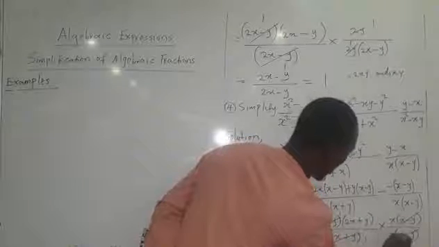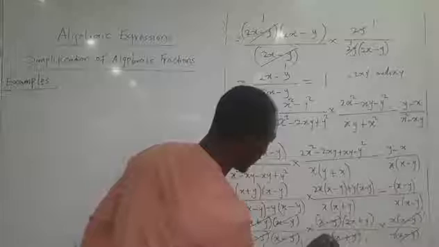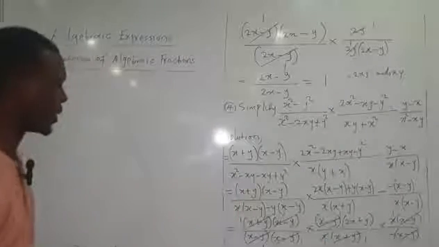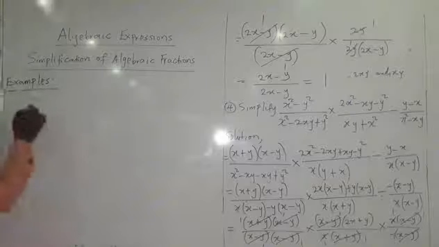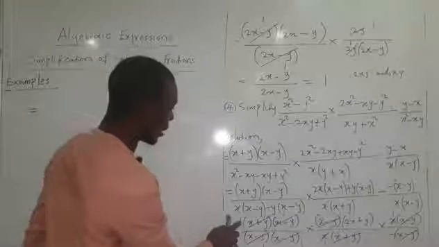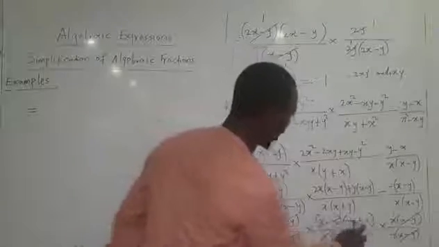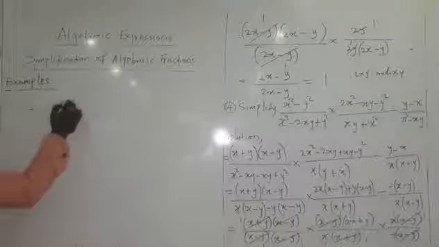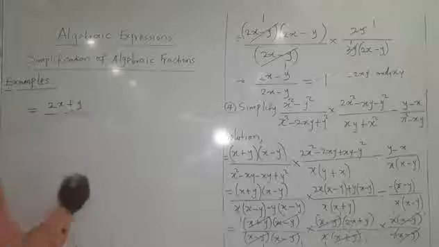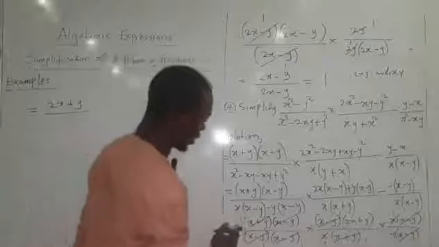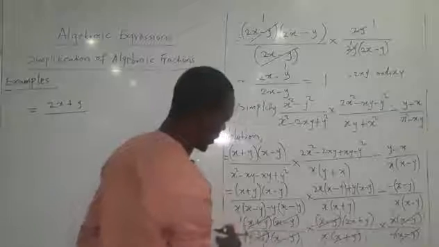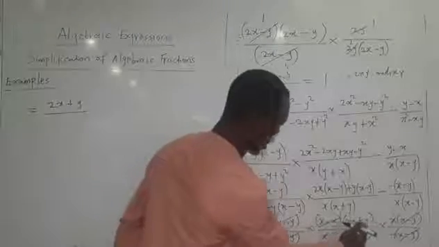So you are left with minus 1. Then x here 1, x here 1. So we are left with 1 times 2x plus y. So we have 2x plus y all over. As you can see, the only term we have on the numerator, apart from 1, is 2x plus y.